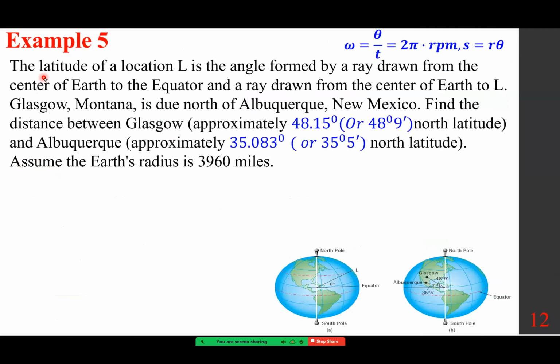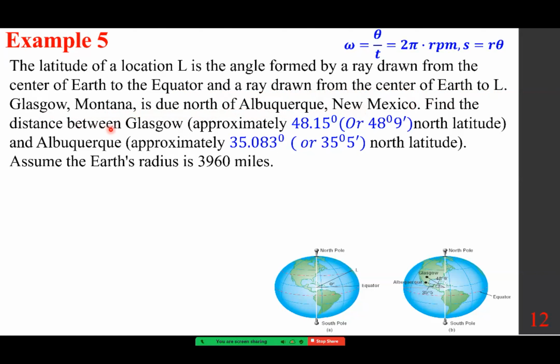The latitude of the location L is the angle formed by a ray drawn from the center of Earth to the equator, and a ray drawn from the center of Earth to L. Glasgow, Montana is due north of Albuquerque, New Mexico.